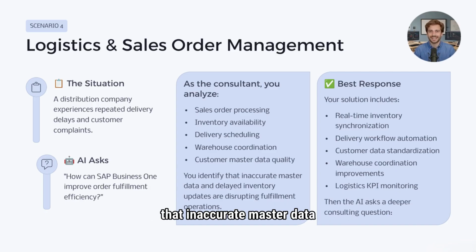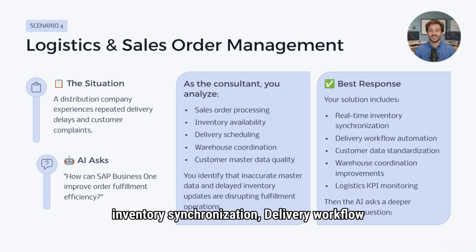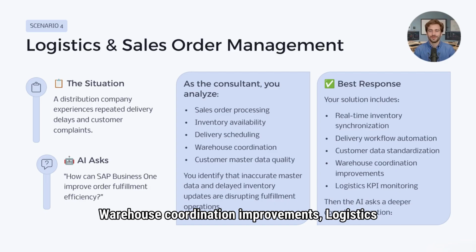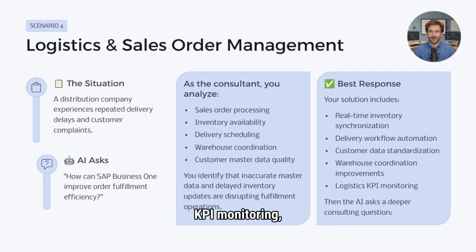You identify that inaccurate master data and delayed inventory updates are disrupting fulfillment operations. Your solution includes real-time inventory synchronization, delivery workflow automation, customer data standardization, warehouse coordination improvements, and logistics KPI monitoring.